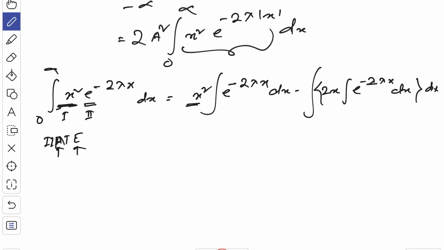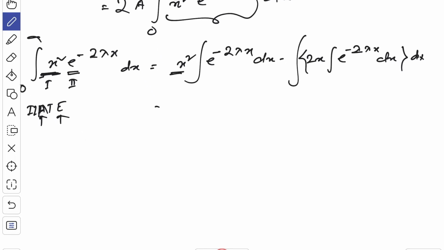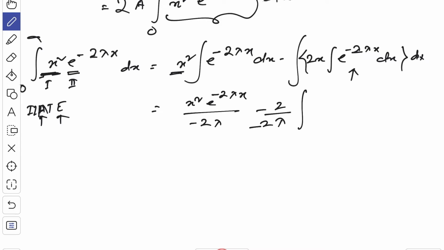So if you integrate this again, you will get x square e to the power minus 2 lambda x by minus twice lambda, then you will get minus 2 by minus 2 lambda. When you integrate you will get minus twice lambda as a denominator, as it is constant I have taken it out, and this 2 is taken out, then you will get x e to the power minus twice lambda x dx.